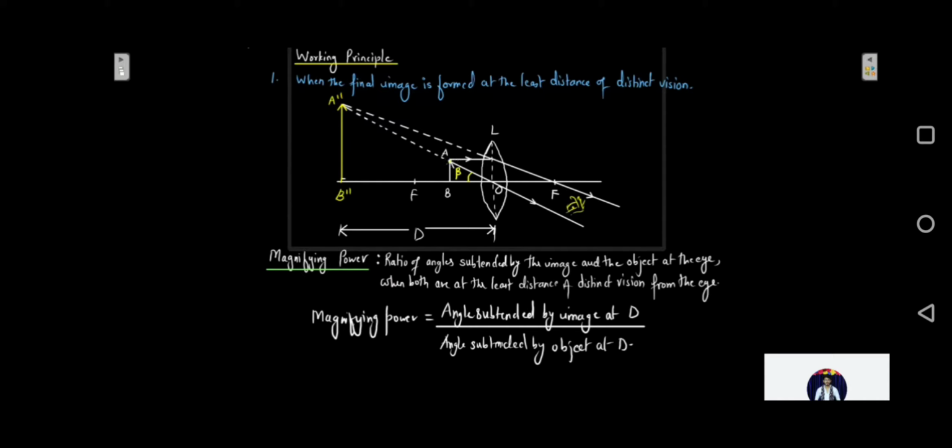So what I'll do over here, I will shift this object to the least distance of distinct vision. I'll shift the object to the same length. Let it be dotted.